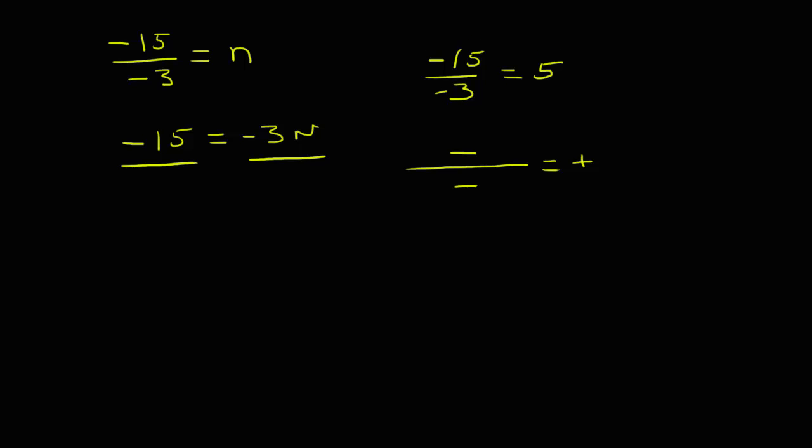Now that looks kind of confusing, but it's not so bad as long as you remember your rules for multiplication, because here's what's really going on. If you remember that a positive times a positive is equal to a positive, a positive divided by a positive is also a positive.